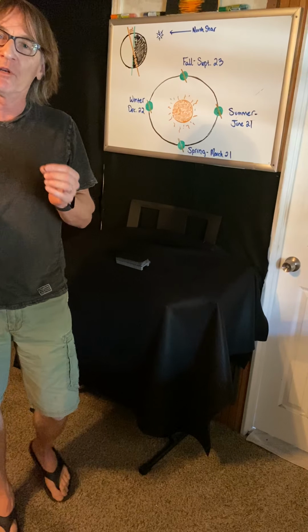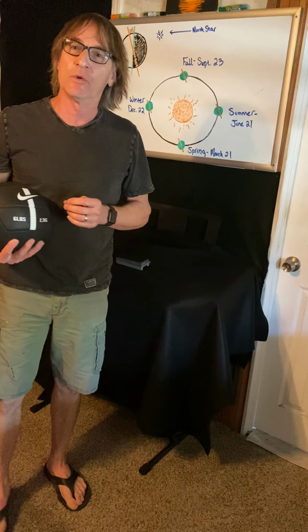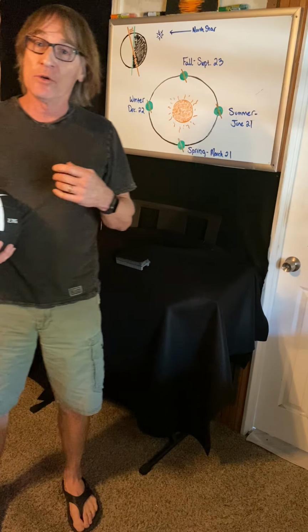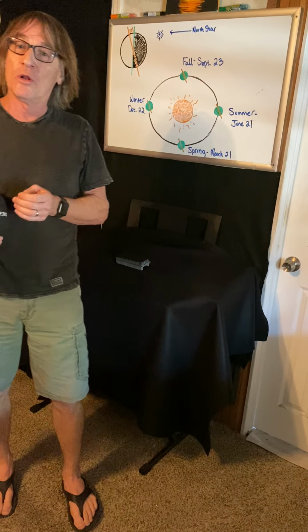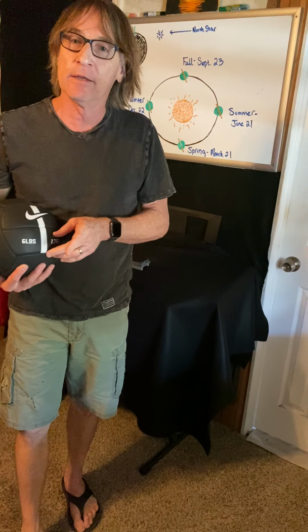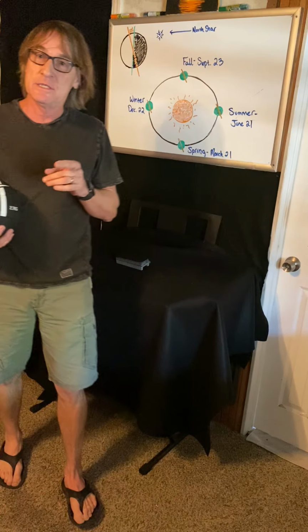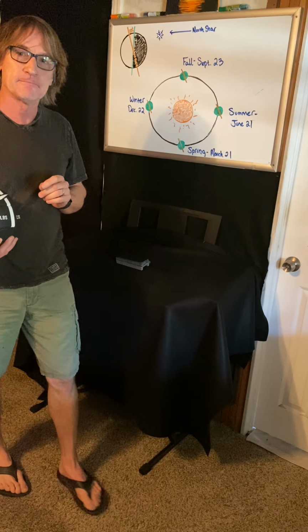So spring comes around March 21st. Summer is June 21st. Fall, which some people call autumn, is September 22nd. And then winter is in December on the 22nd. Sorry, fall is September 23rd, and winter is December 22nd.